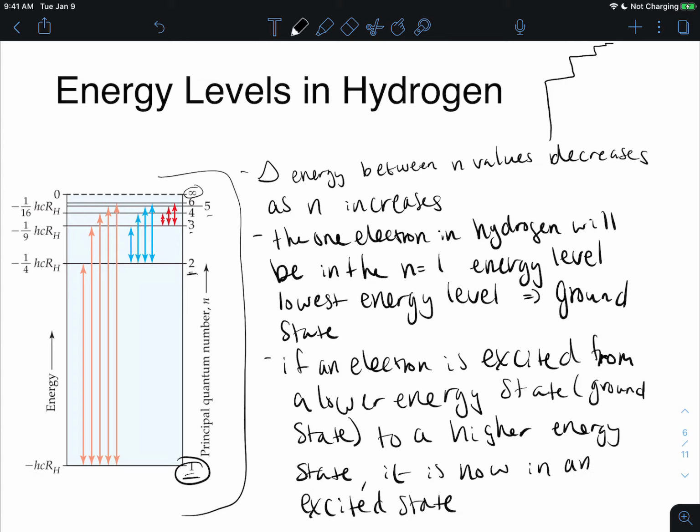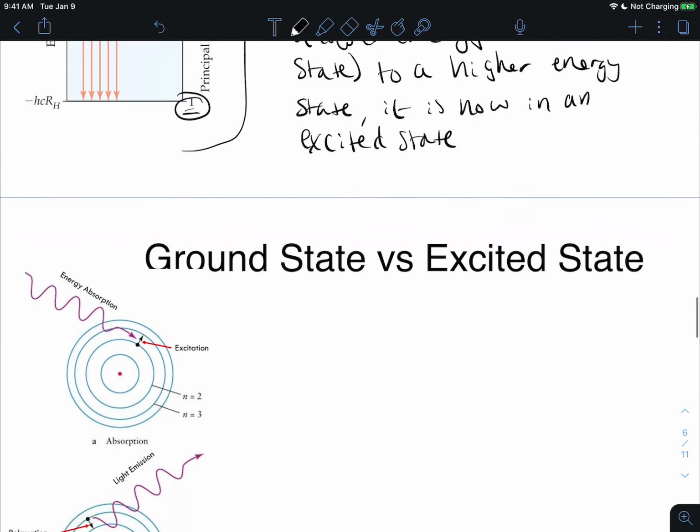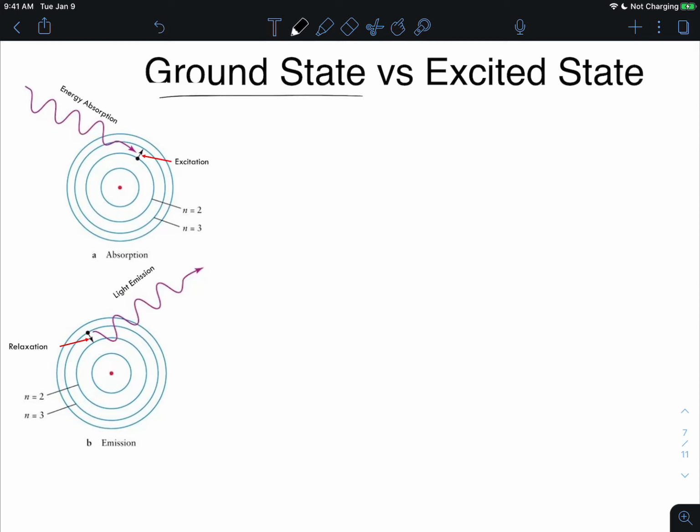So you add energy into that electron, a photon hits the electron, transfers that energy to the electron. That electron gets enough energy to go into a higher energy state. It gets excited, and it goes from a lower energy state up into a higher energy state. Ground state is the lowest energy level for an electron.